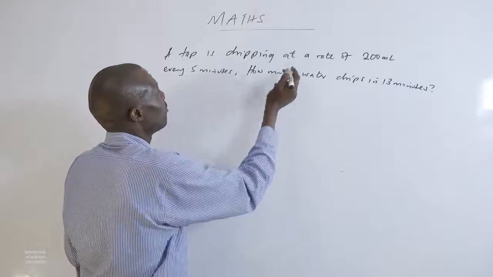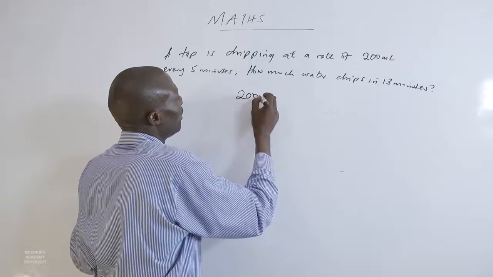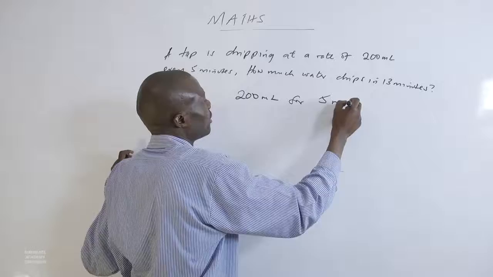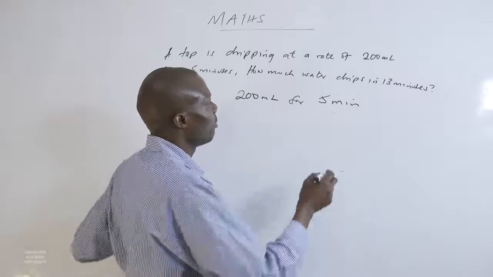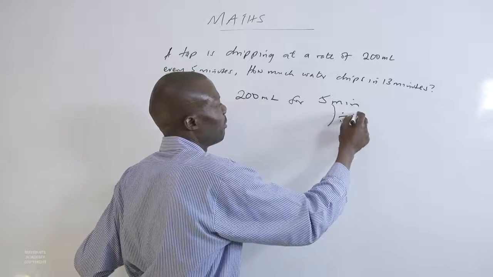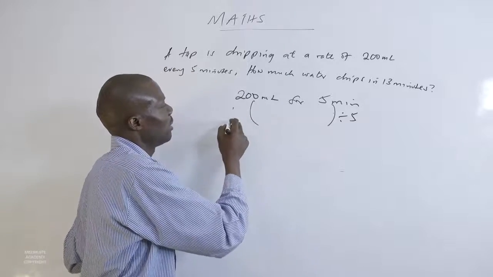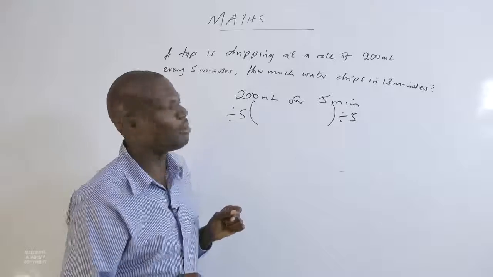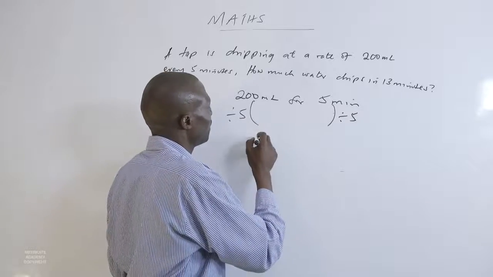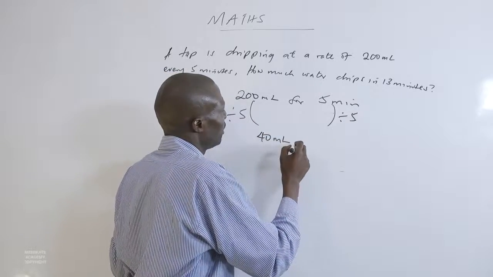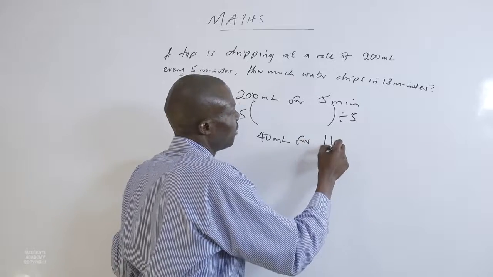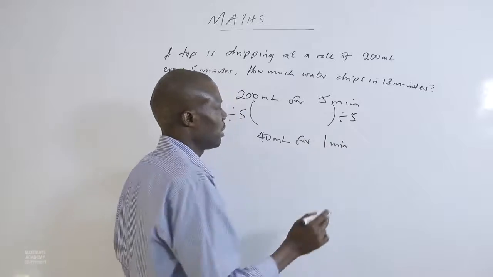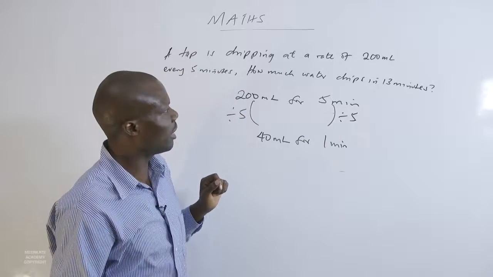So we have 200 ml for 5 minutes. If we want to talk about per minute, we shall divide by 5 and divide this side by 5, so that we have 200 divided by 5. This one gives us 40 milliliters for 1 minute.